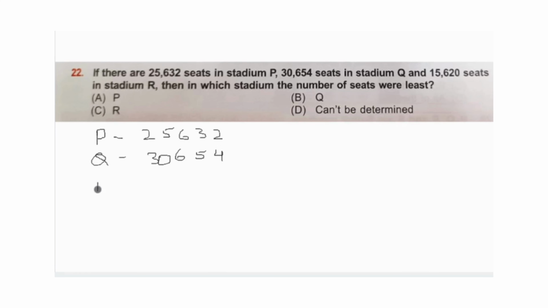Let's write the third stadium, R, and the number of seats here is 15,620. Since they want us to find the least number of seats in a stadium, the obvious answer is R, which is the stadium with the least number of seats. And for R, the option here is C, which is our correct answer.